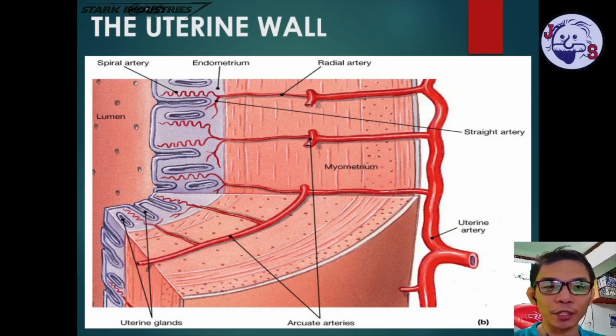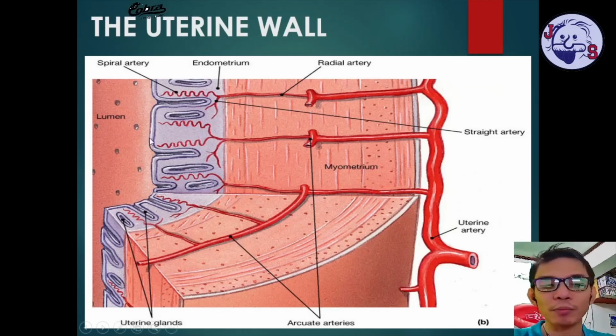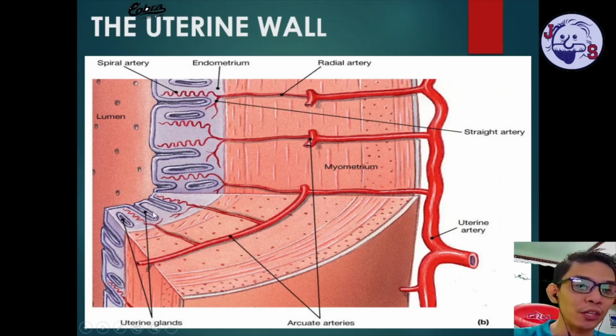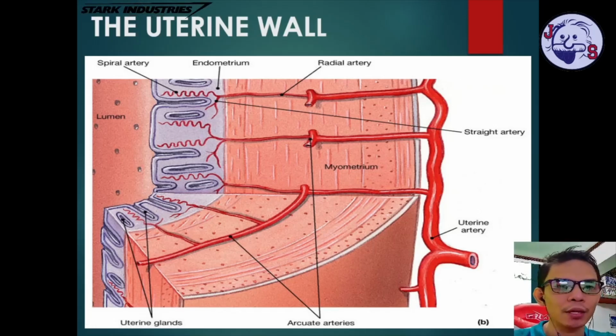If there's no fertilization, the thickness of the endometrium will not be maintained for long, so it is shed off. That is why the menstrual discharge is made up of blood and parts of the endometrium, or the uterine lining.